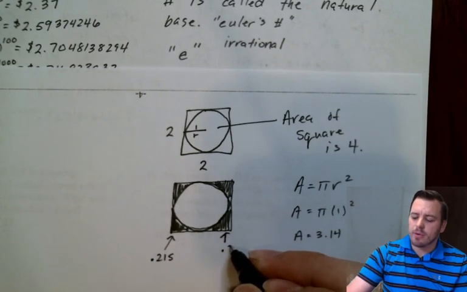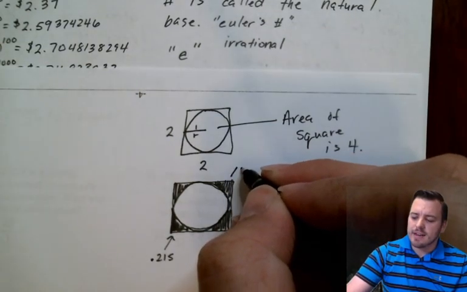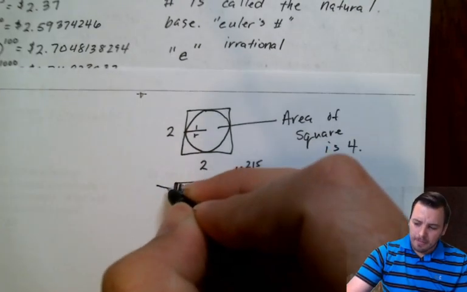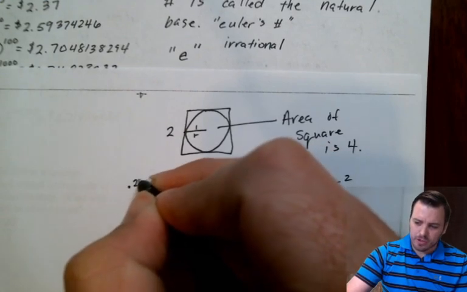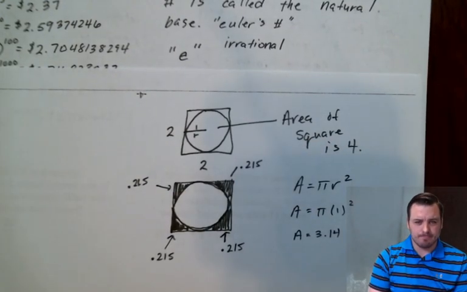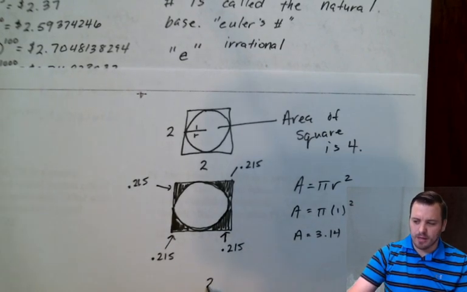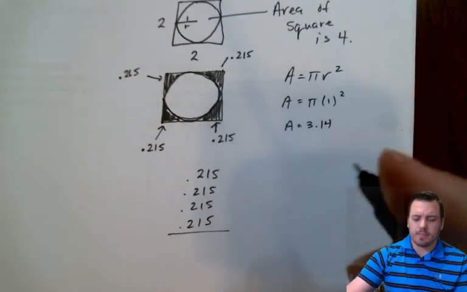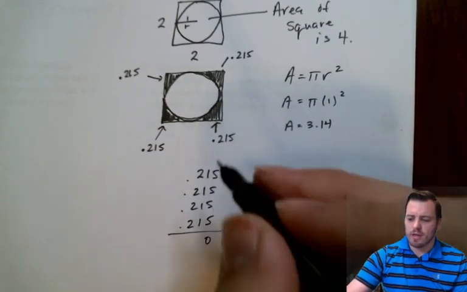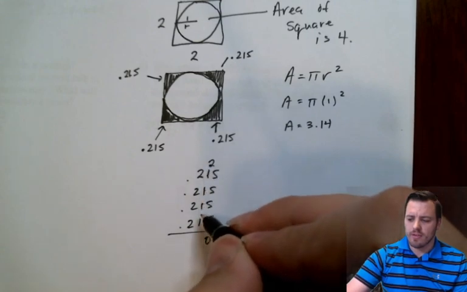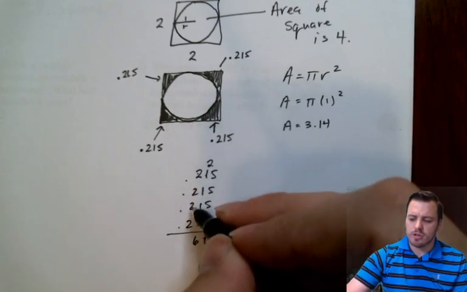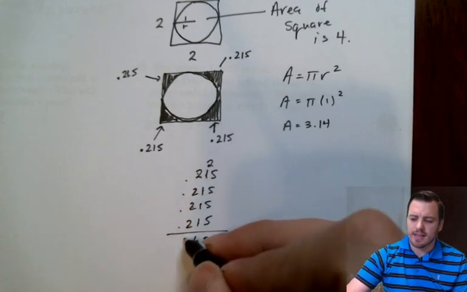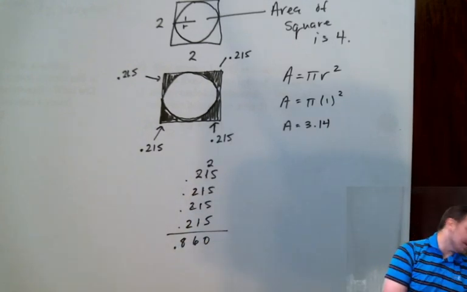That has an area of about 0.215. That has an area of about 0.215. And that has an area of about 0.215. If I add those all up, I get 0.86.